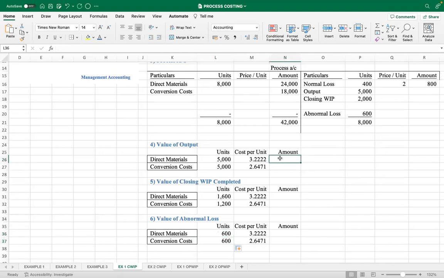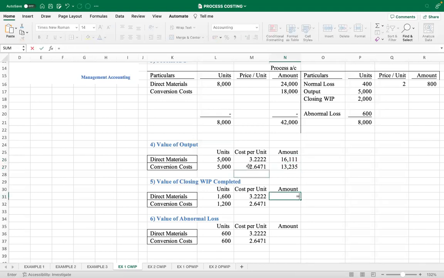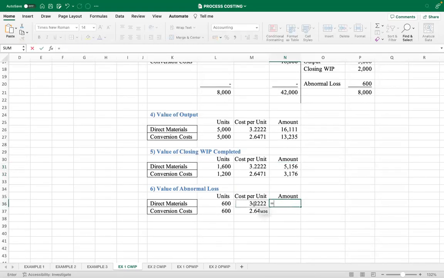So how do we get total amounts? Total amounts is units times cost per unit. Okay, we have units times cost per unit.